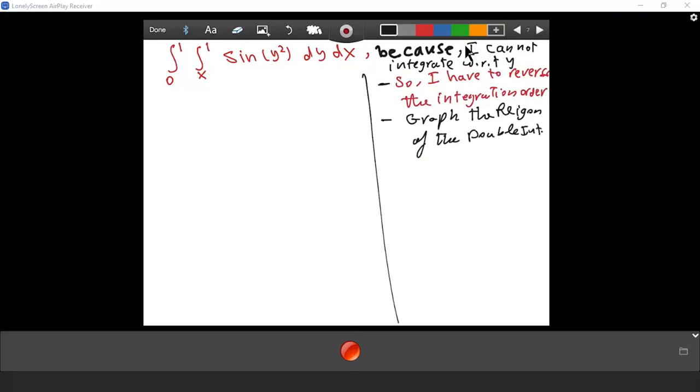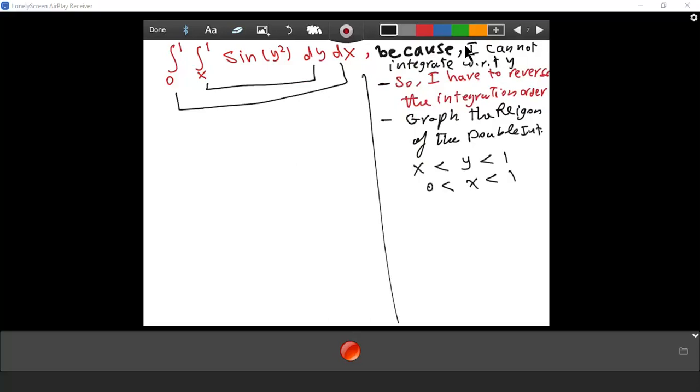Okay, this is the margin, and I'm thinking in the margin, right? So I know this is y, right? So y is bigger than x because x is the lower bound, and less than 1, and x between 0 and 1, right?